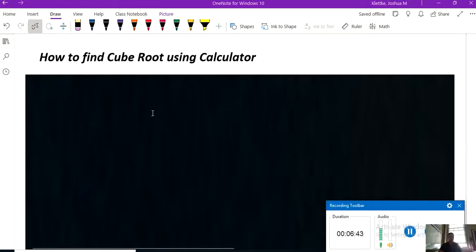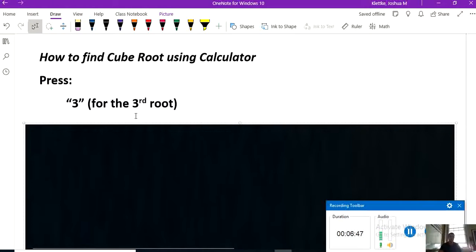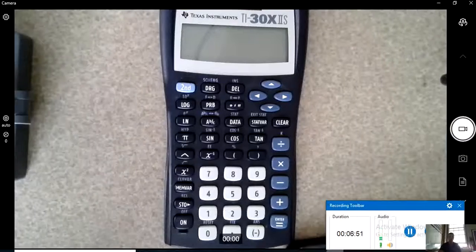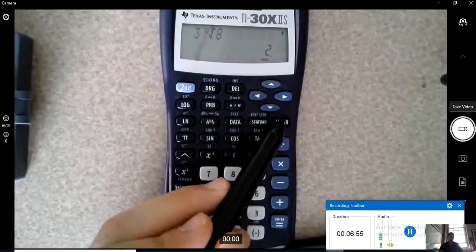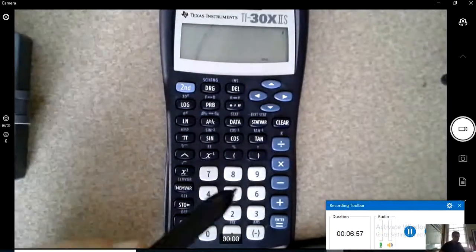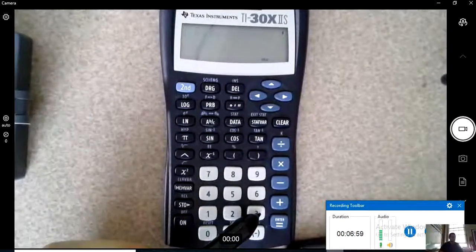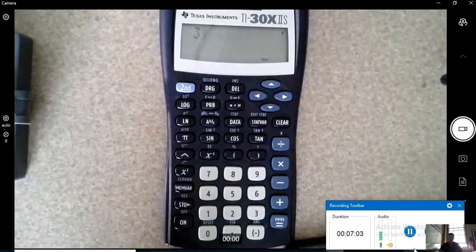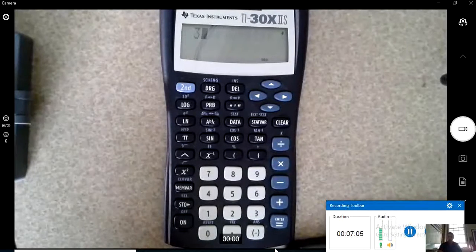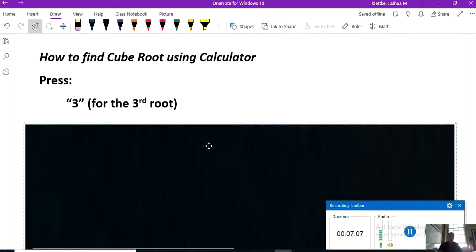In your calculator, the first thing you want to press is 3, just the number 3 for the third root.